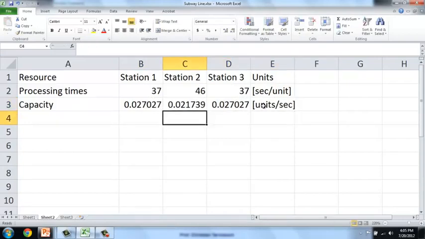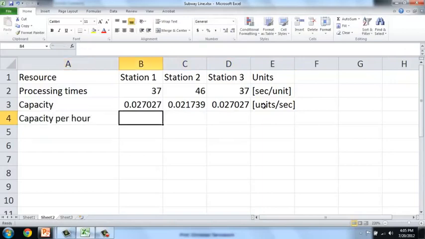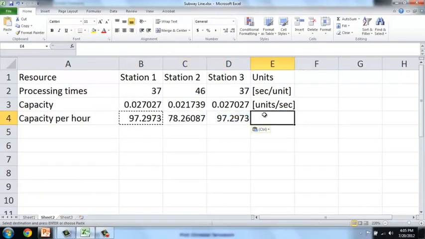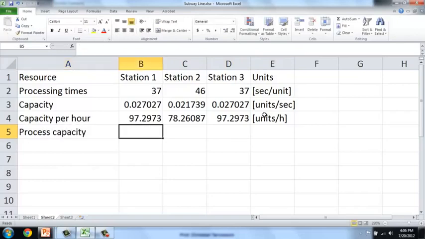If we want to get to the capacity per hour, we simply multiply the previous number with 3,600. And this is now expressed in units per hour. Next, we define the process capacity as the minimum of these capacities above, which in this case is driven here by 78.26. Now, the flow rate is the minimum between demand and capacity.